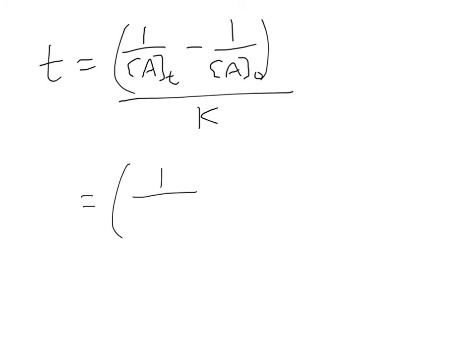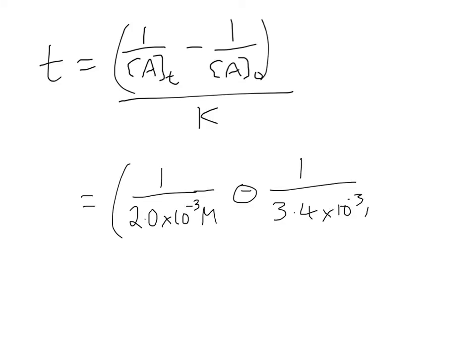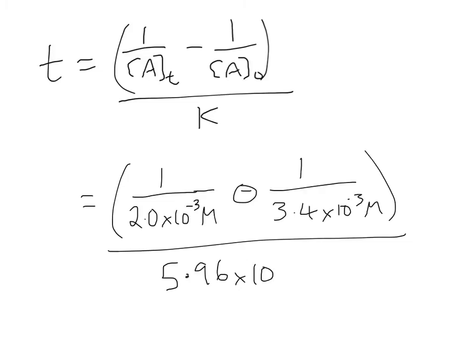So 1 over the concentration at time t, so that's 2 times 10 to the minus 3 moles per liter, minus 1 over where we started, so 1 over 3.4 times 10 to the minus 3 moles per liter, and we're dividing all that by the rate constant. Now, the rate constant for this process is 5.96 times 10 to the minus 4, and the units are per molar per second.